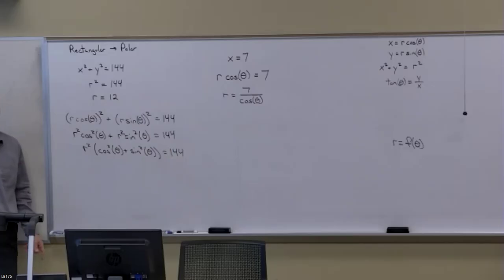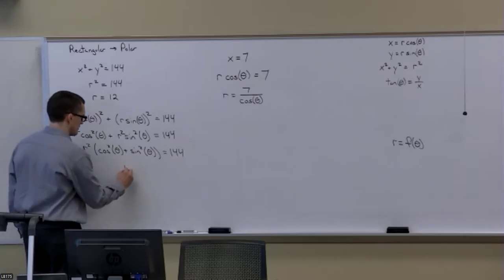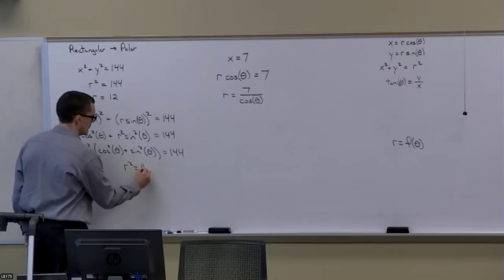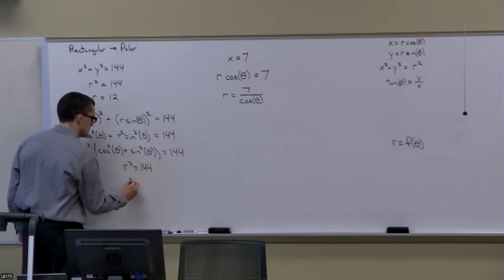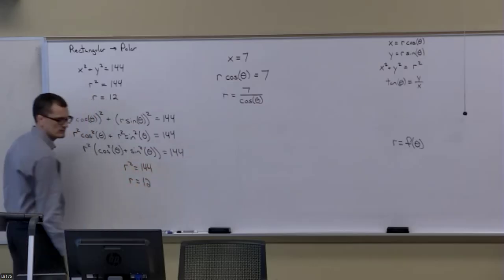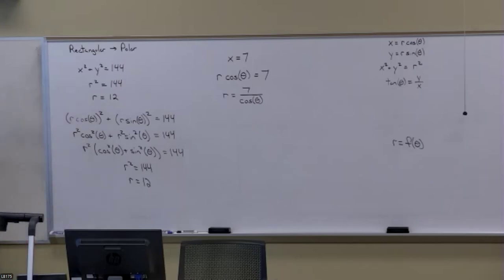Cosine squared theta plus sine squared theta, trig identity, that's 1. And therefore, I get r squared equals 144, which means r is 12. Notice that that's a little bit more difficult than just replacing the x squared plus y squared with an r squared. So that's why we did it the way we did it.